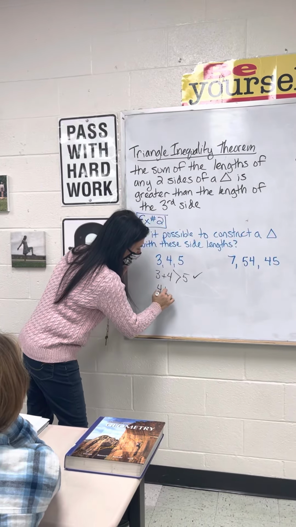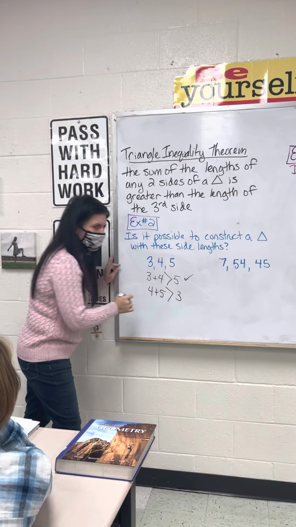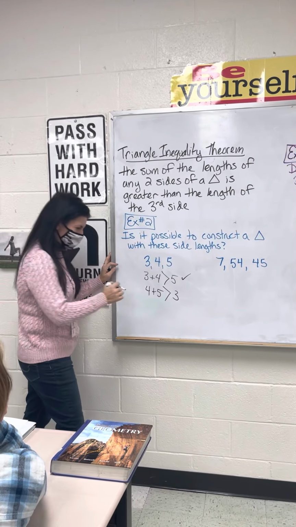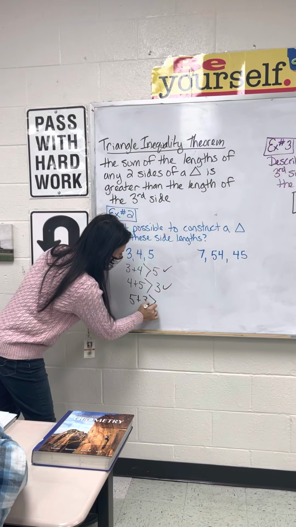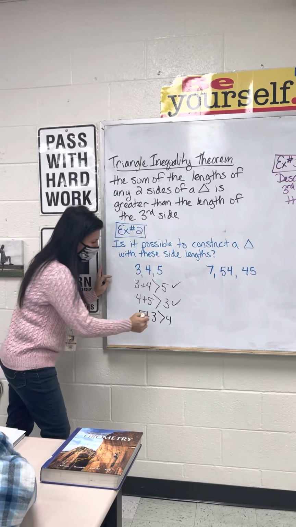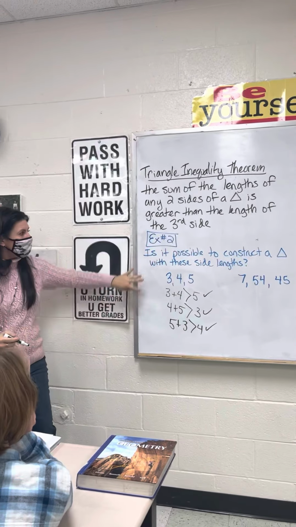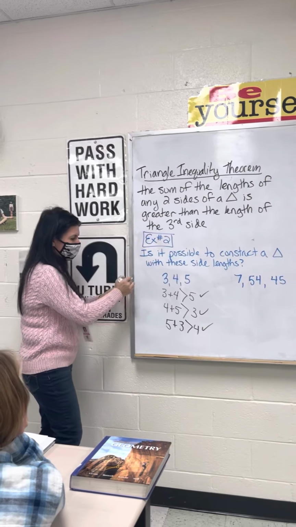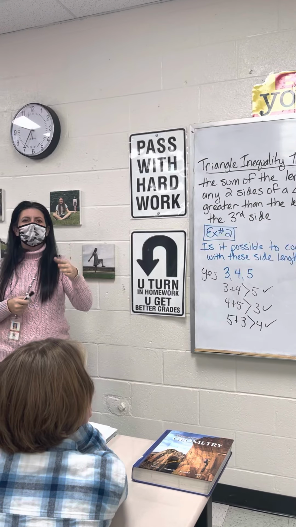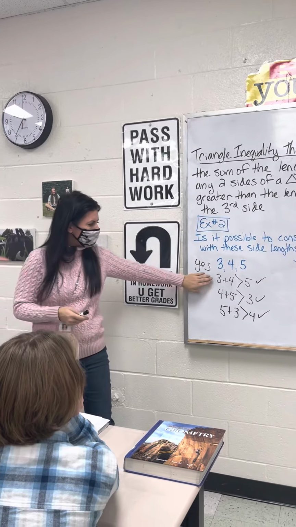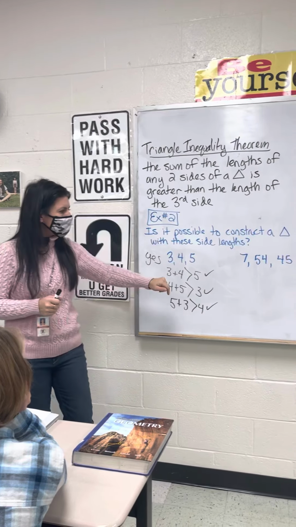Is 4 plus 5 bigger than 3? Yes. Good. And is 5 plus 3 bigger than 4? Yes. So I tried all three scenarios. It does work, so yes, this can form a triangle. You add any two sides, it has to be bigger than the third side, and that's what I did right here. Let's do one more example.